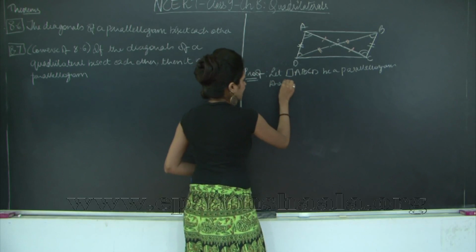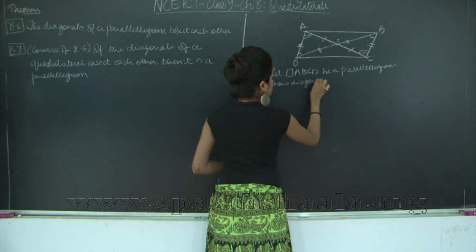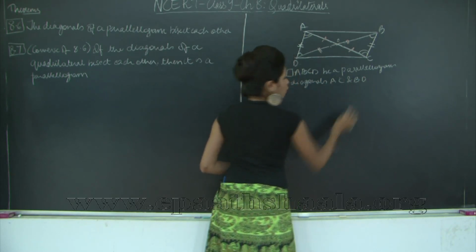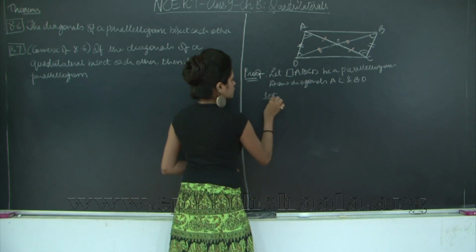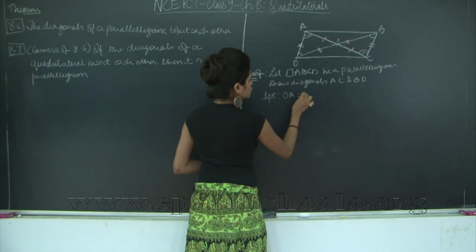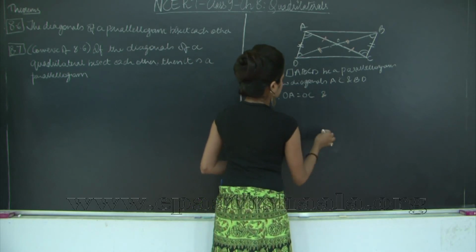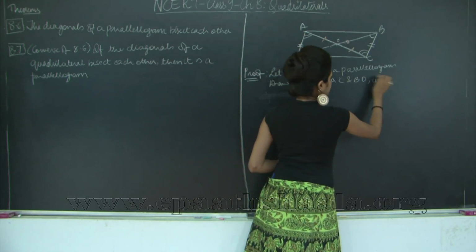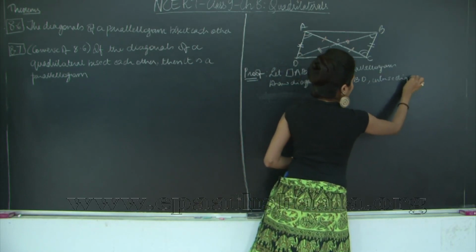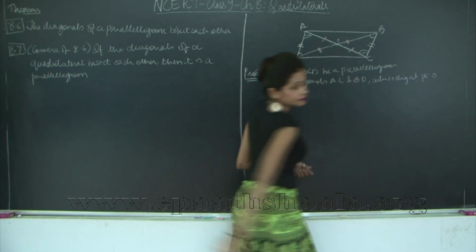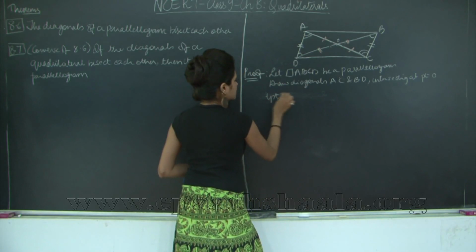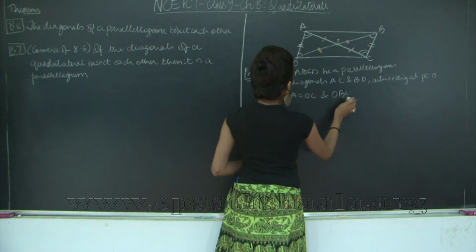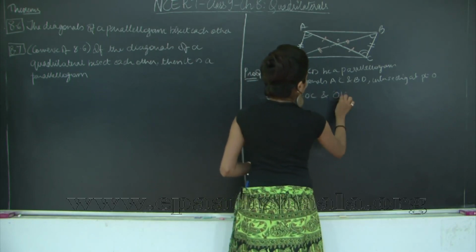Draw diagonals AC and BD intersecting at point O. Correct? So now I need to prove that OA is equal to OC and OB is equal to OD.